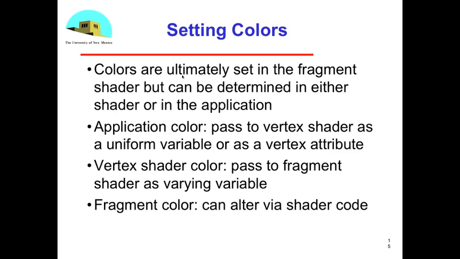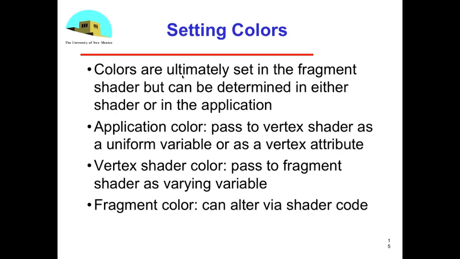Okay, so to summarize, the colors are determined in the fragment shader, because the fragment shader is where we have to output a color, and we can output what comes in from the vertex shader, either interpolated or not interpolated, or we can send over a uniform variable that says this is the color I want you to use for this triangle, or I can do something like use texture mapping, which we'll be talking about later, to say forget about vertex colors, or not set any vertex colors, and just use the texture to determine that.